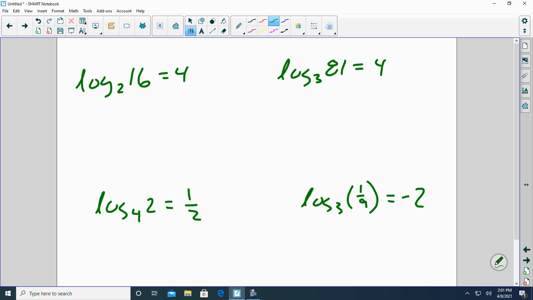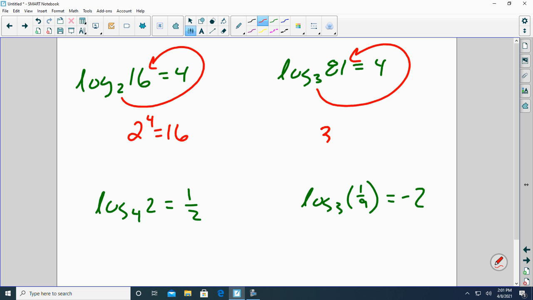Is that okay? Agreeable? So we start at the subscript, so base 2, so we do this. Start here, come around. Start here, come around.